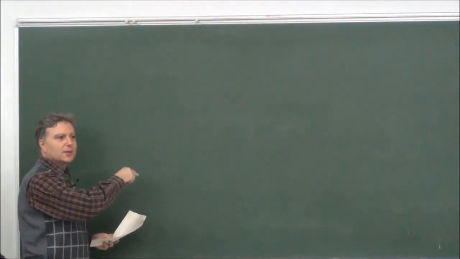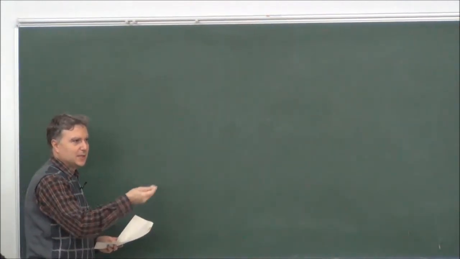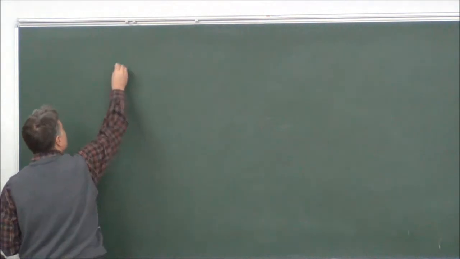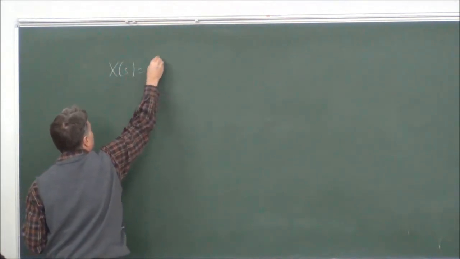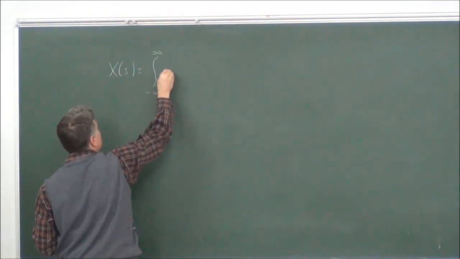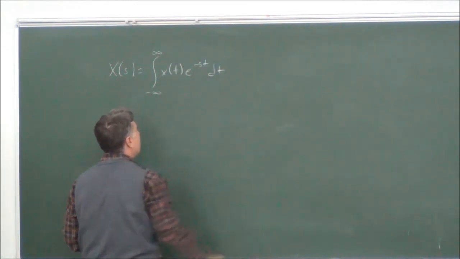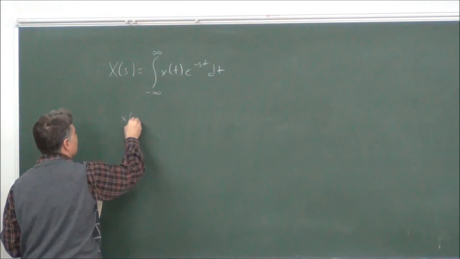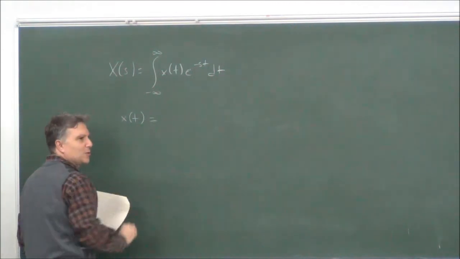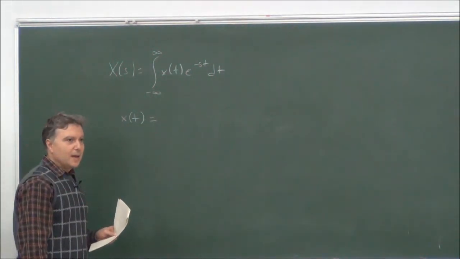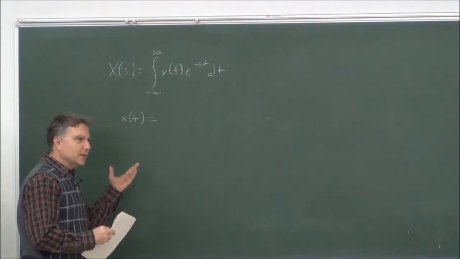We only wrote down the Laplace transform. We said X of s is equal to this integral from minus infinity to infinity, x of t e to the minus st dt. And I have never indicated what x of t is in terms of X of s. But we do have an inverse Fourier transform.